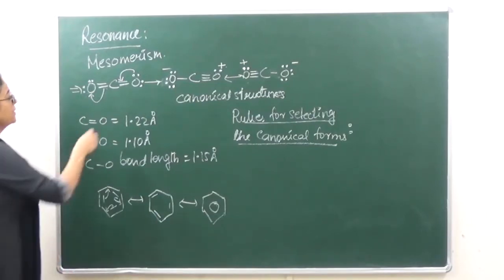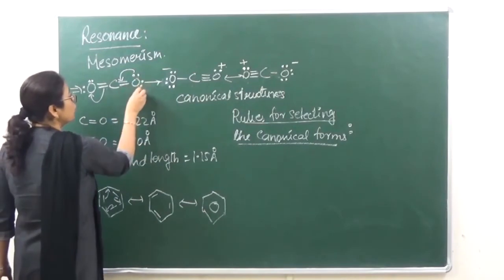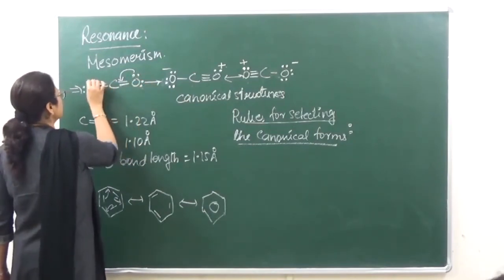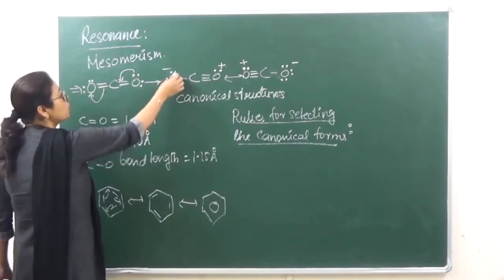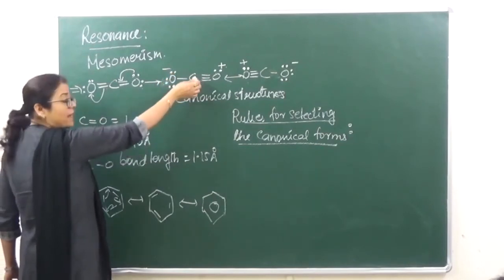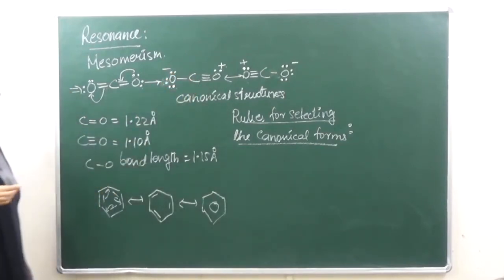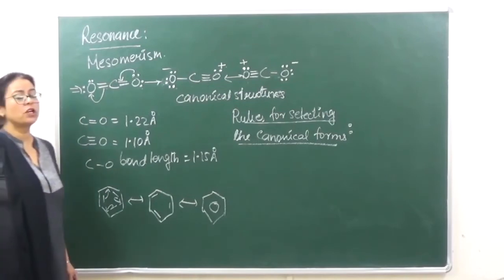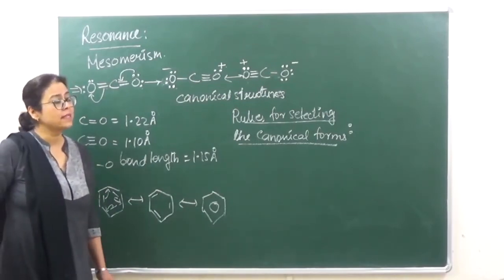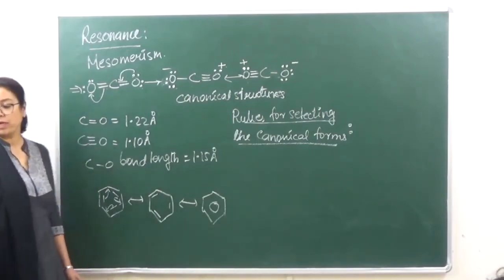So if we're looking at the total number of electrons over here, lone pairs, see 1, 2, 3, 4, 5, 6, 7, 8 lone pairs. So 1, 2, 3, 4, 5, 6, 7, 8. So the number of lone pair of electrons in each of the canonical forms, that should remain always same. ठीक है?